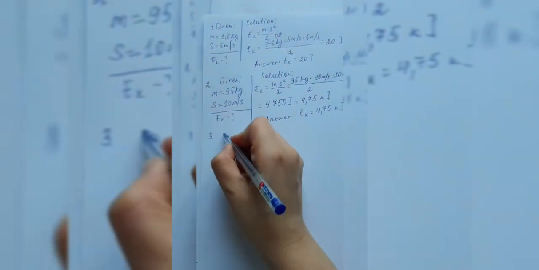Answer: kinetic energy is equal to 4.75 kilojoule.